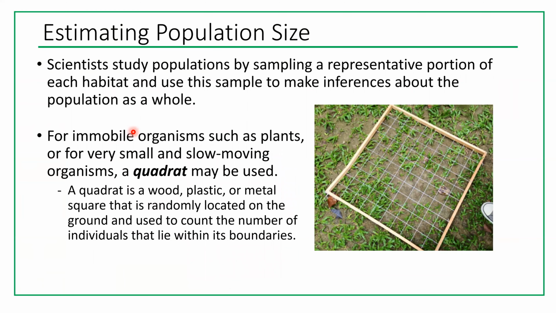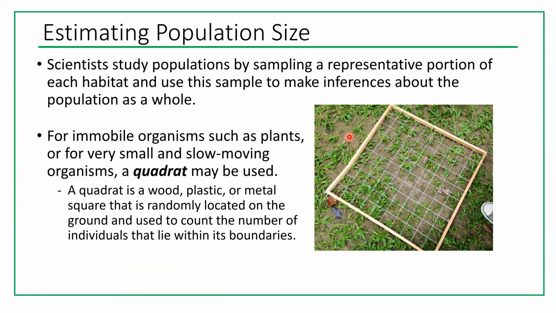So how do we estimate the size of a population? Obviously, if we want to see how many oak trees are growing in some area that is a couple hundred acres, we cannot just go and start counting every single plant, right?